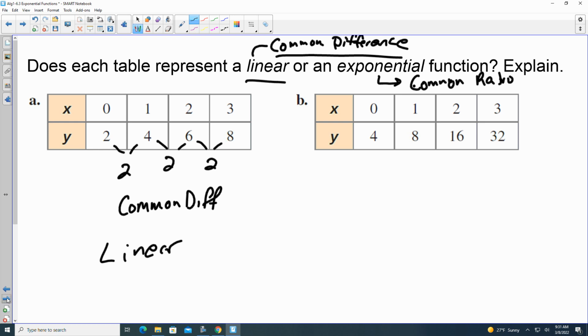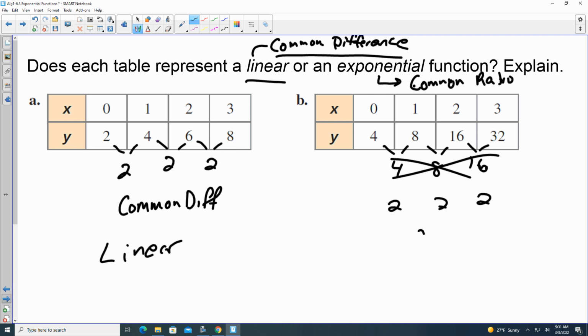Looking at B, if I try to look at common difference, 8 minus 4 is 4, but 16 minus 8 is 8, and 32 minus 16 is 16. So there's no common difference, but let's say there's a common ratio. What is 8 divided by 4? 2. What is 16 divided by 8? 2. What's 32 divided by 16? 2.